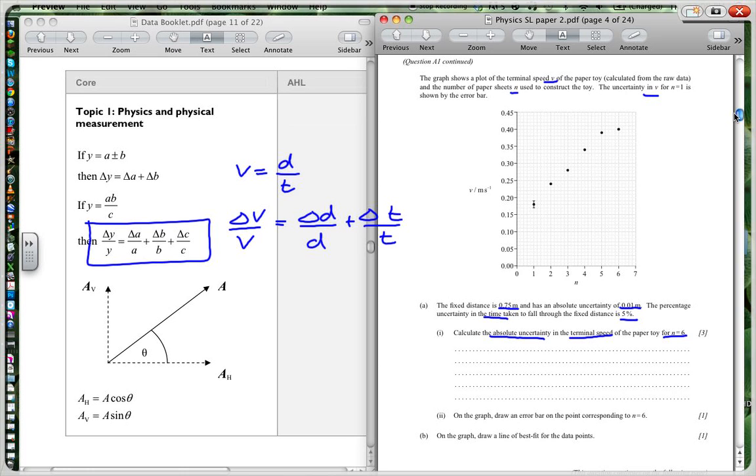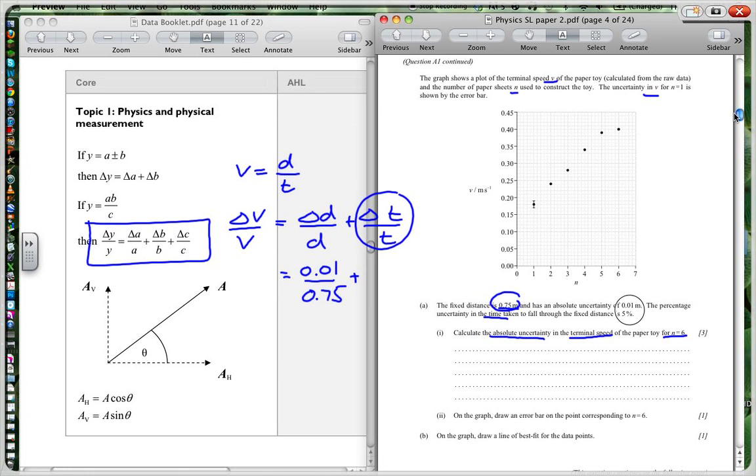Now, we are told here that for the fixed distance, we have an absolute uncertainty of 0.01, so that's going to be 0.01 divided by your d, which was 0.75, plus. Now for the time, we're actually given a percentage.